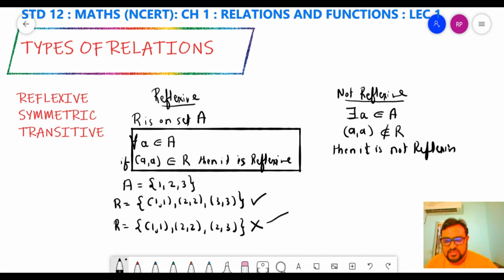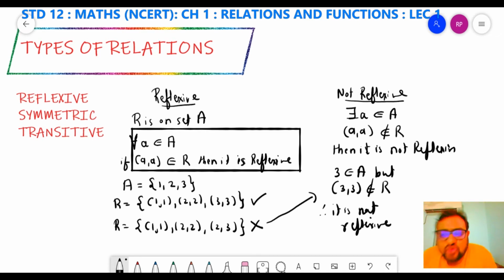Right? So in this case, I can say that (3, 3) does not belong to R. Means see, 3 belongs to A, but (3, 3) does not belong to R. Therefore, it is not reflexive.